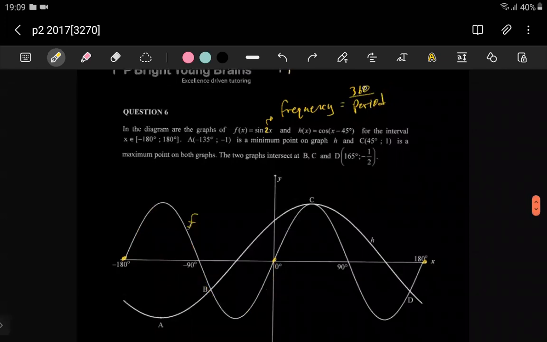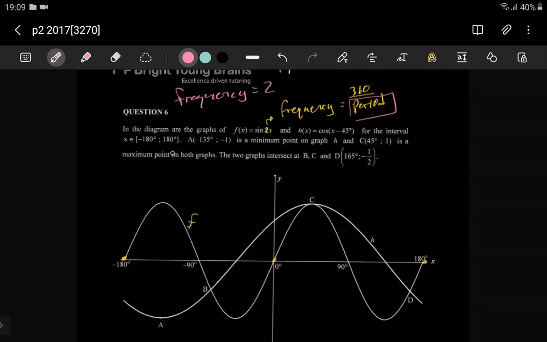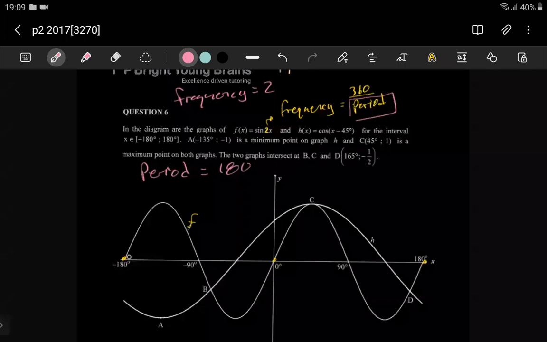The period is how long it takes to have a full graph. The frequency here is equal to 2, but the period is just 180 degrees. The reason the period is 180 degrees is because you are seeing a full graph in a space of 180 degrees. You could even have just used the formula.